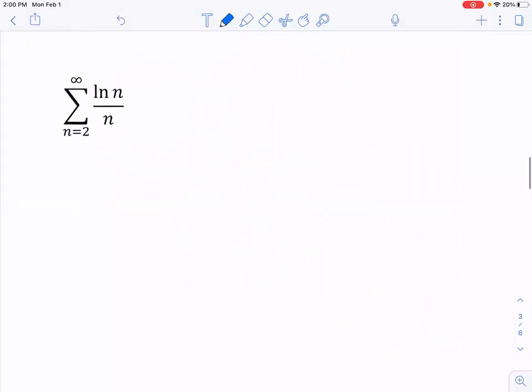This one, we have no choice. This is a series in some way, shape, or form you're probably going to see again. Notice how we're starting at 2. So the question on this one would be, does it converge or not converge?